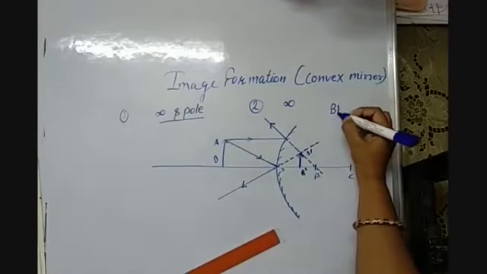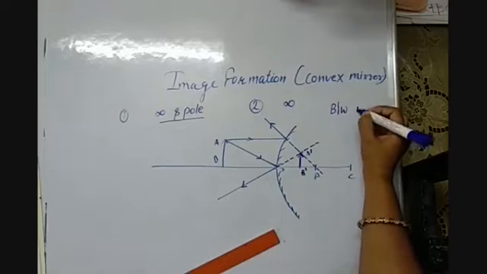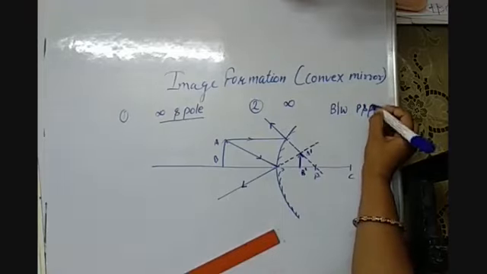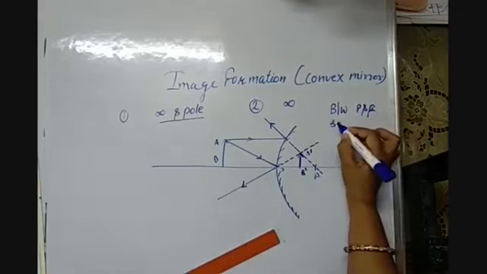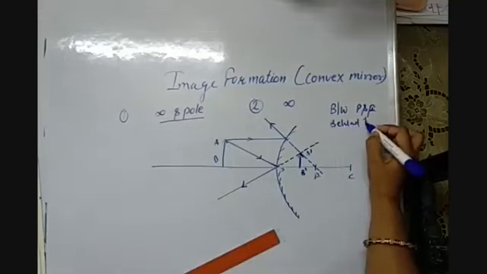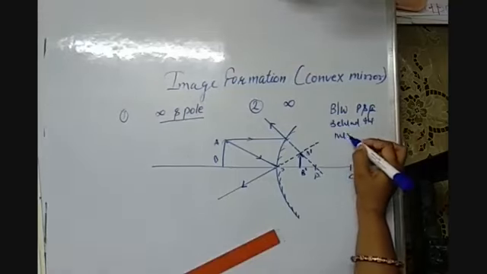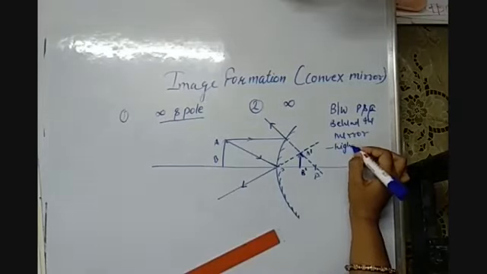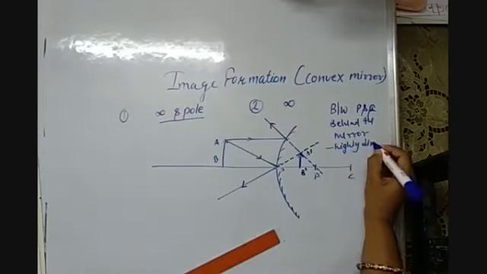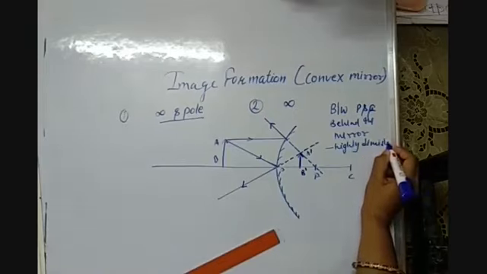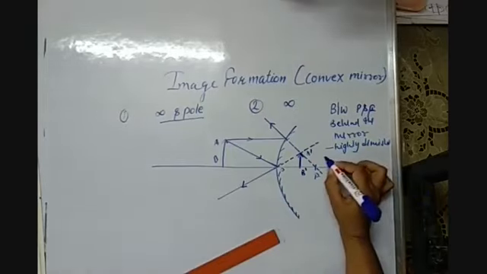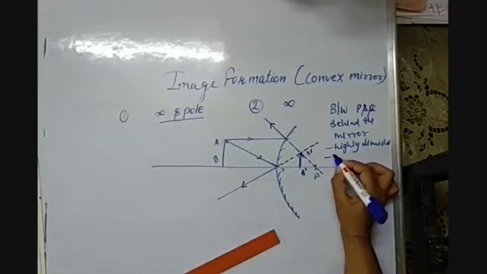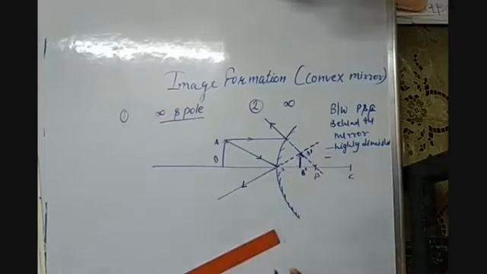So between P and F, behind the mirror, highly diminished and virtual, because the reflected rays are not actually meeting.